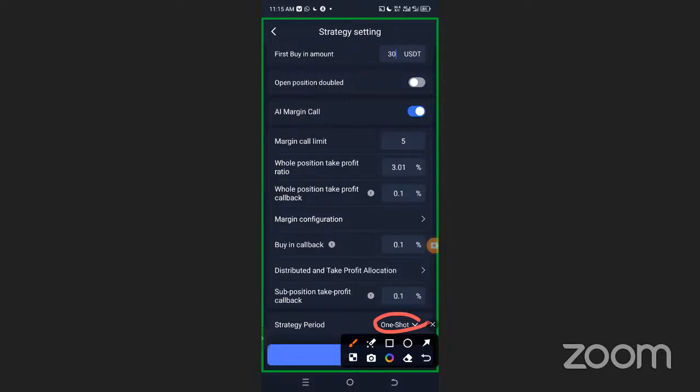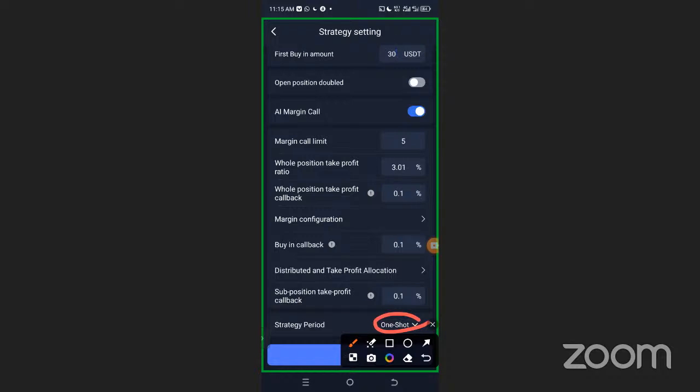This is one shot. After selling, give me my profit and the capital invested in that coin so that I can go and select another coin which is performing well in the market.